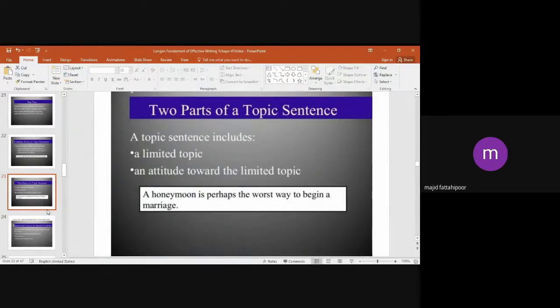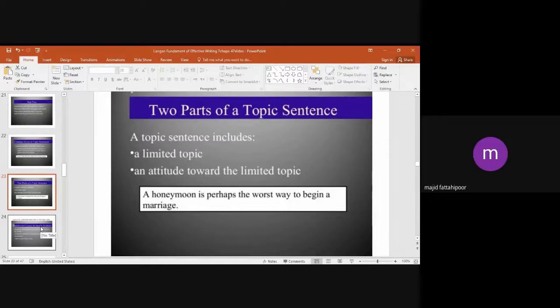I'm sure you can also imagine the kind of details this writer is going to tell us. And why? Because it's a very intelligent, very smart topic sentence. Why? Because it has a limited topic and an attitude. That's it.